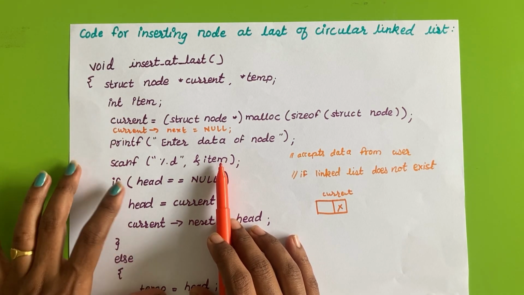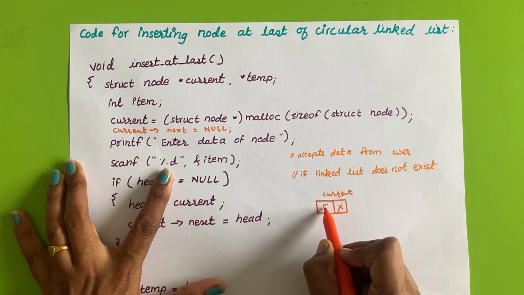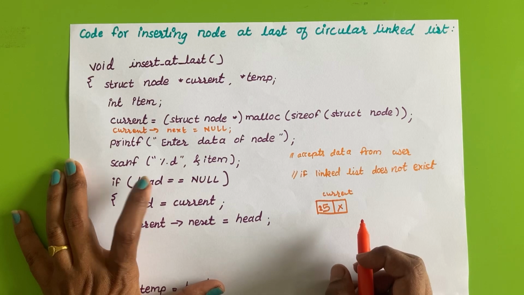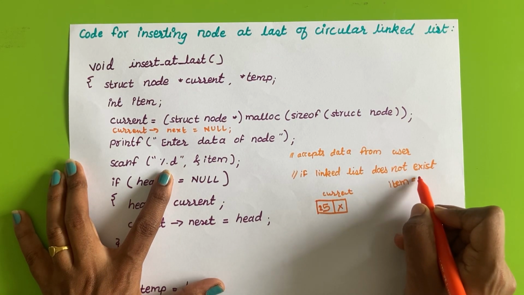Okay, so suppose we have inserted the node 25. Okay, so user have entered value 25. Now we have value 25 in the variable item.